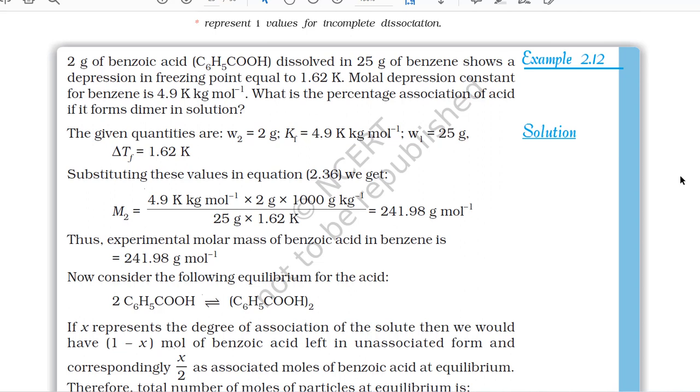Thus, the experimental molar mass of benzoic acid in benzene is equal to 241.98 gram per mole.